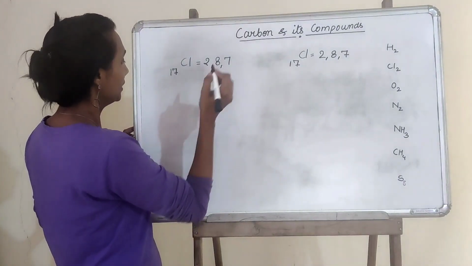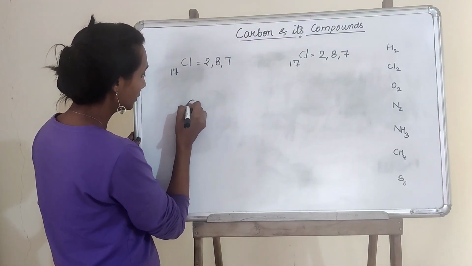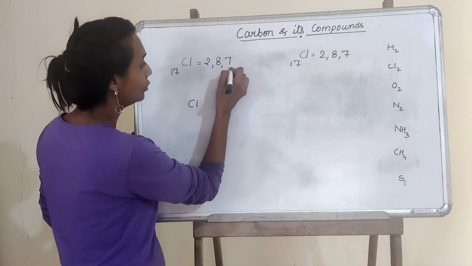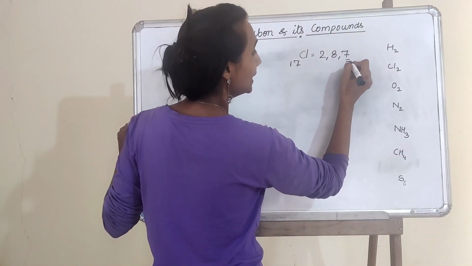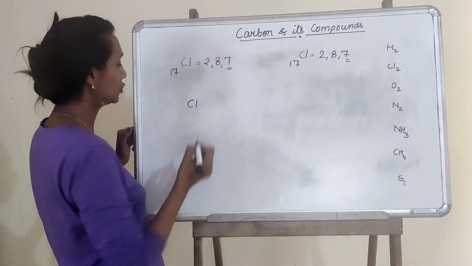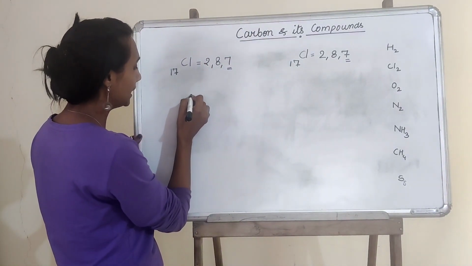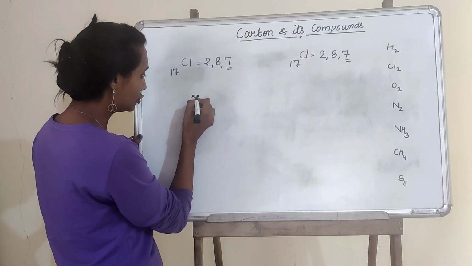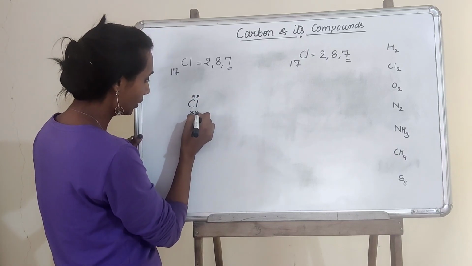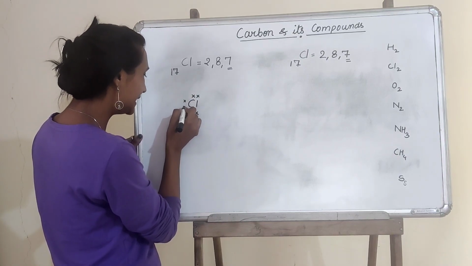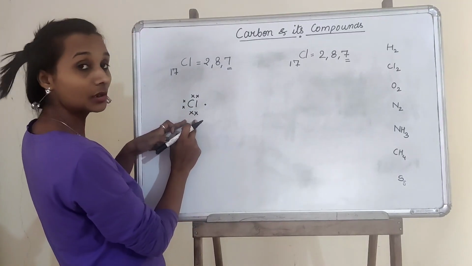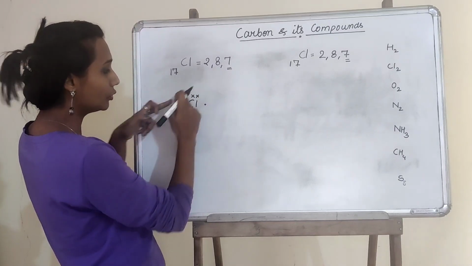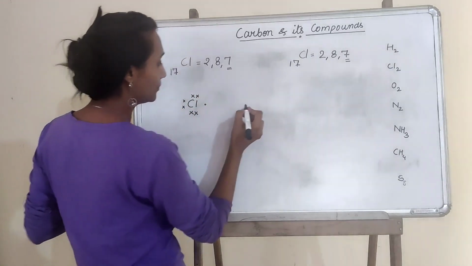Now, can you see the outermost shell has 7 electrons in chlorine. So those 7 electrons I am drawing: 1, 2, 3, 4, 5, 6, and this is the 7th one. This is one chlorine atom's outermost electronic configuration.